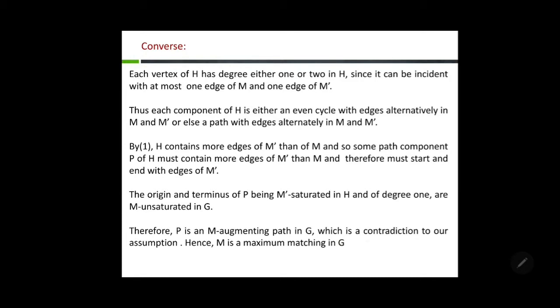That is, the origin and terminus of P, being M'-saturated in H and of degree 1, are M-unsaturated in G, which means that P is an M-augmenting path in G. This is a contradiction to our assumption. Hence, M is a maximum matching in G.